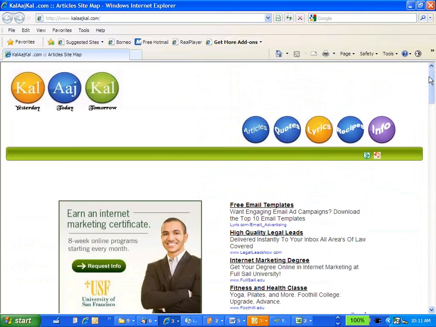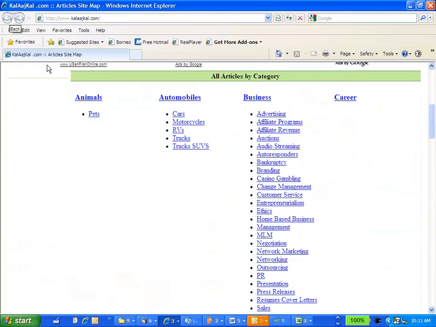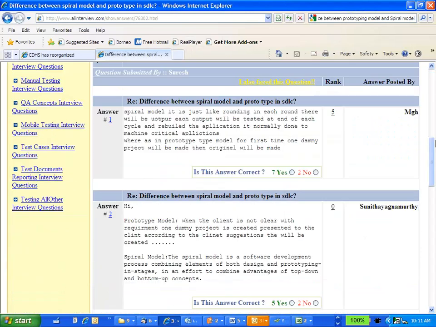I was looking for prototyping, and I was looking over here, but I thought, okay. Excellent. Go back. What difference between spiral? Spiral model, it is just like rounding. In each round, there will be out. That's the problem with blogs. I shouldn't even read his answer.